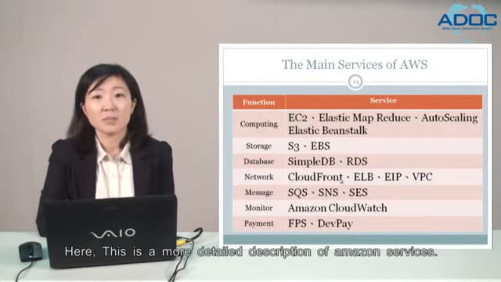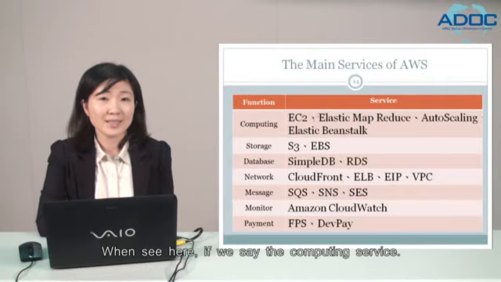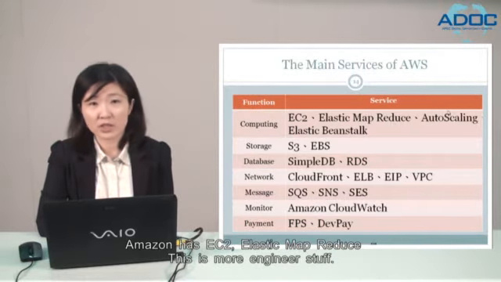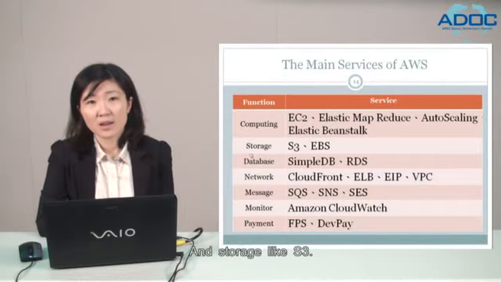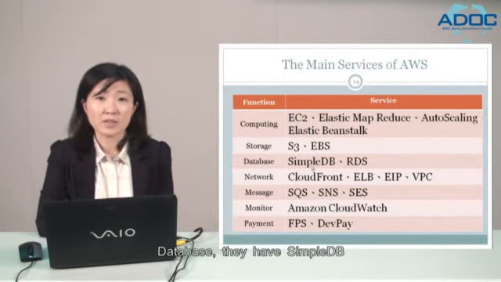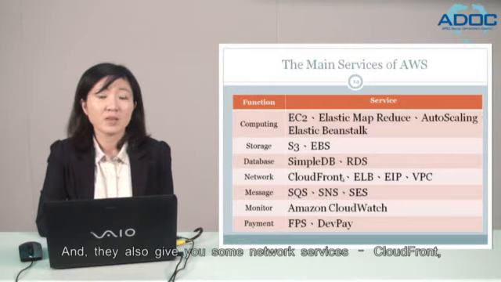Here is a more detailed description of Amazon services. We can see that for computing services, Amazon has EC2 and Elastic MapReduce. This is more engineer stuff. And storage, like S3, database, they have SimpleDB, and they also give you some network services, CloudFront.